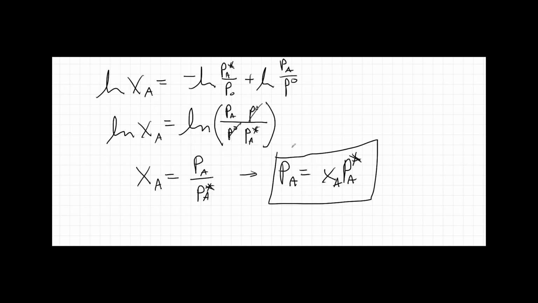And notice that we got it from making just two assumptions: that the solution we're talking about is ideal, and that the gas above that solution, the vapor that's forming from that solvent, is an ideal gas. Once we get that, we get Raoult's law. So Raoult's law is a consequence of ideal solution theory.